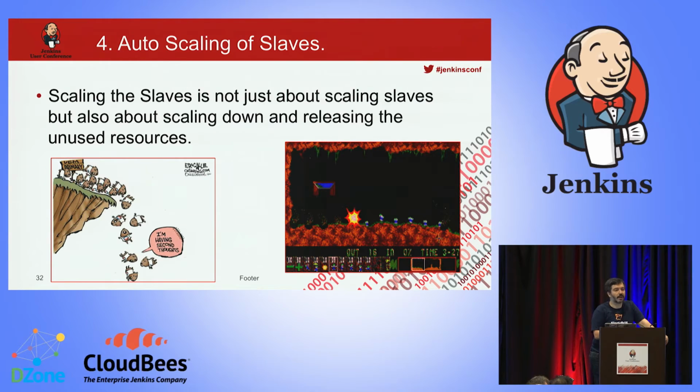We are constantly monitoring the instances and slaves that you have, the number of executors that you need, and how many of them are free. The moment you are below the limits and you need more slaves, we automatically launch that slave for you, wait for it to be ready, and then launch the job with it.